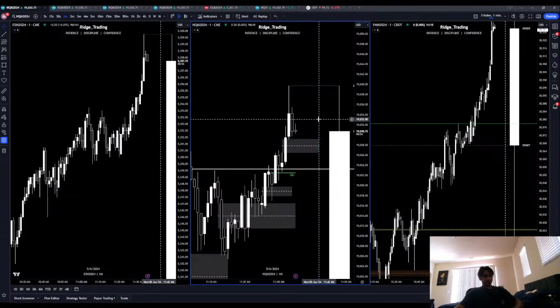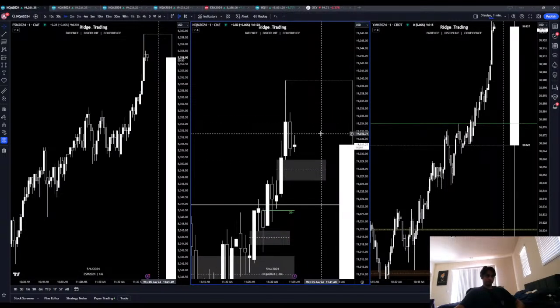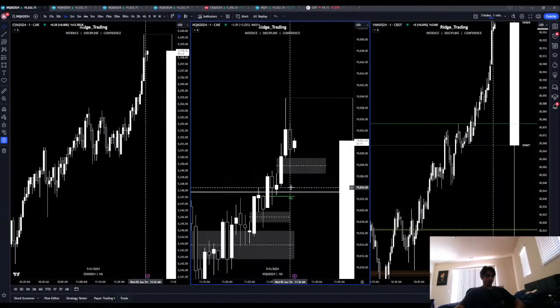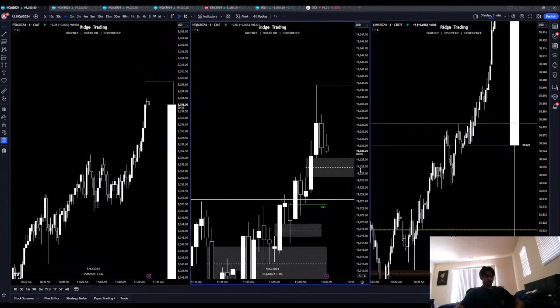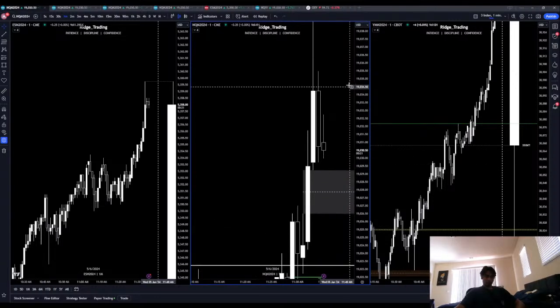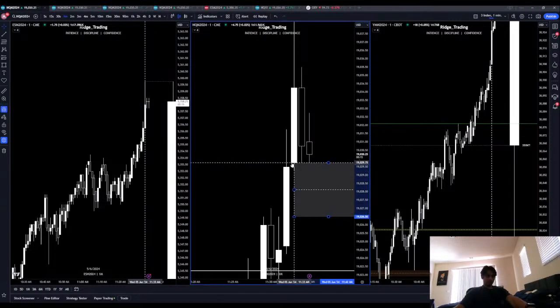See if we come into this. Or if this acts as a break we got. Breaking away from order block. Breaking away from these highs. We'll see. Include the volume imbalance.